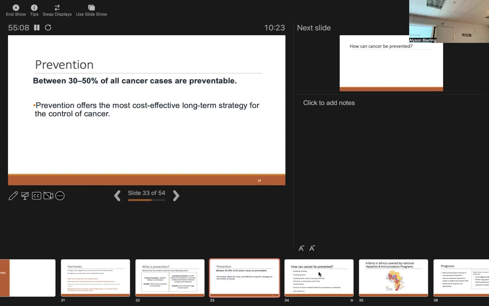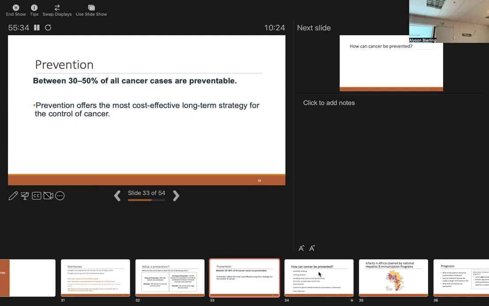And prevention offers the most cost-effective long-term strategy for the control of cancer. If we compare the cost of lifestyle modifications like diet, exercise, vaccinations, those are a lot less costly than administering chemotherapy, providing radiation to a patient, okay?